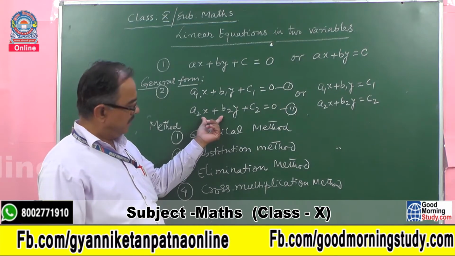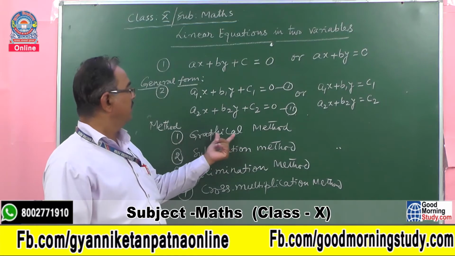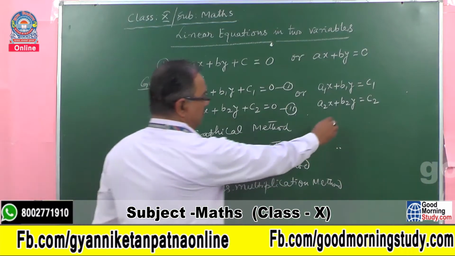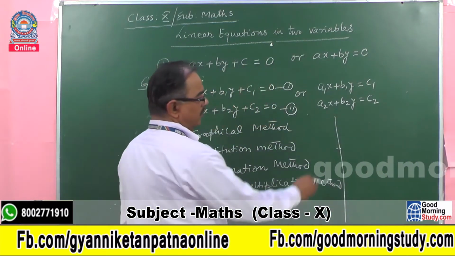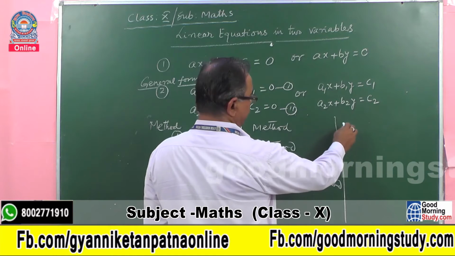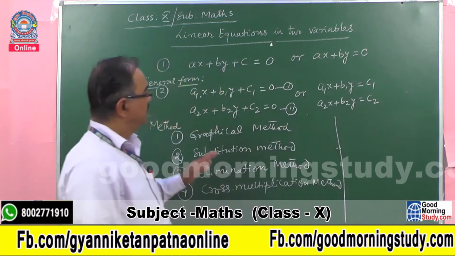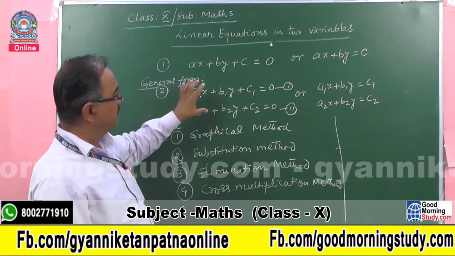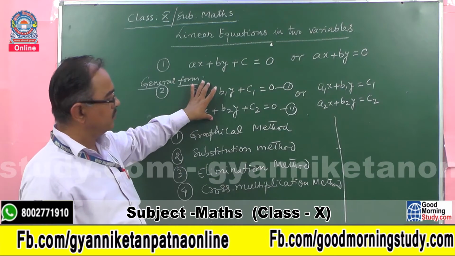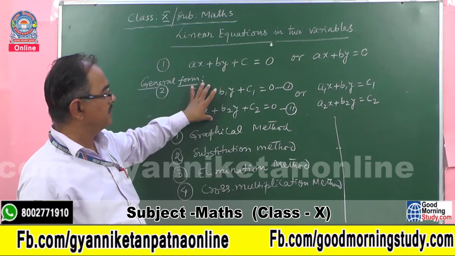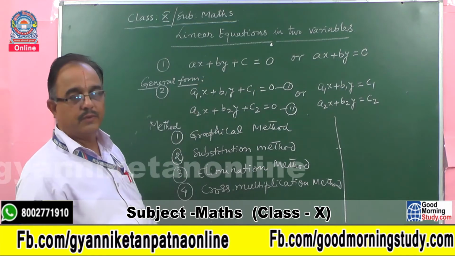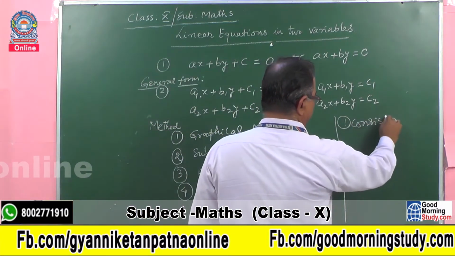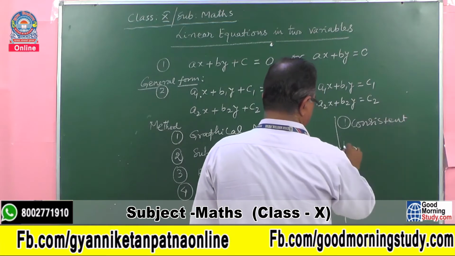So before solving the equations through graph, I would like to explain whether these are consistent or inconsistent. By observing the equations, how can you say that this system of equations is consistent, this system of equations is inconsistent? First, consistent.